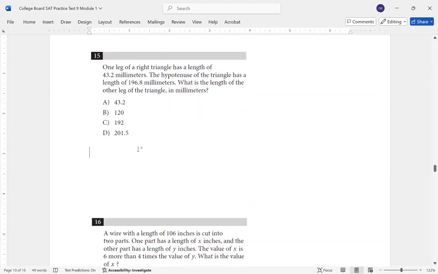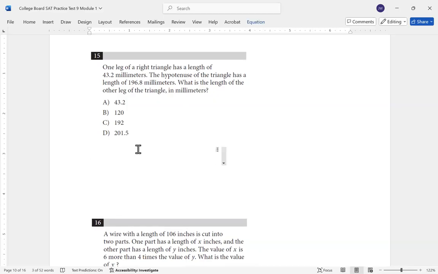Question 15. One leg of a right triangle has a length of 43.2 millimeters. The hypotenuse of the triangle has a length of 196.8 millimeters. What is the length of the other leg of the triangle in millimeters? Now, when we do this, what we want to do is use the fact that right triangles obey the Pythagorean theorem.